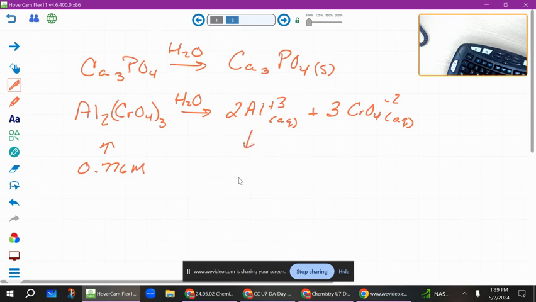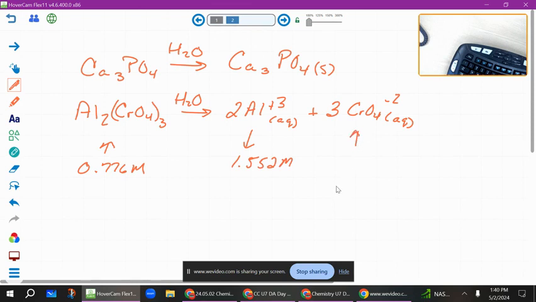So if we have 0.776 moles of aluminum chromate, how many aluminum ions would we have? Times 2. 1.5 times 2. What about for chromate?